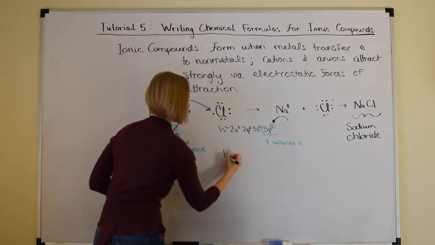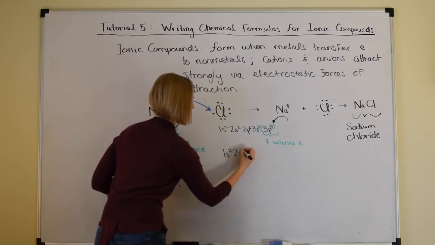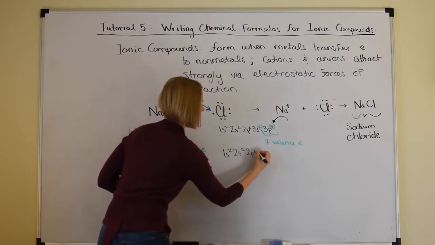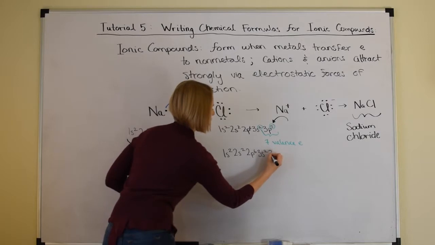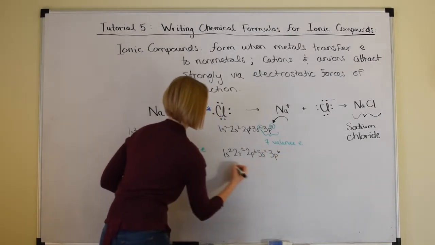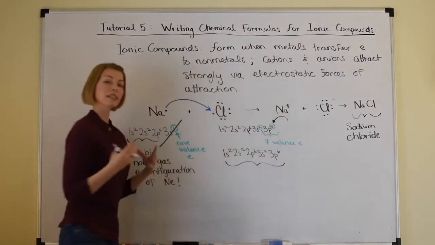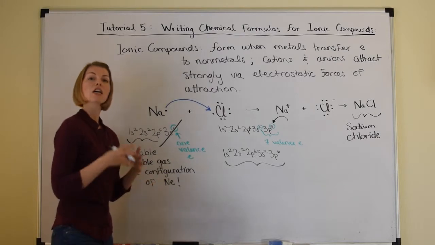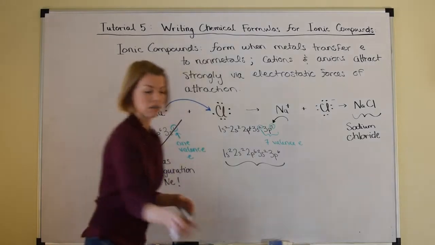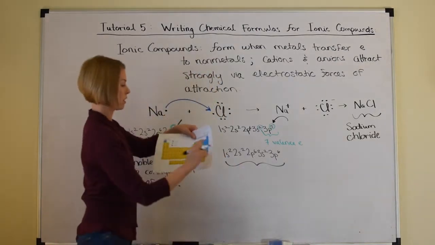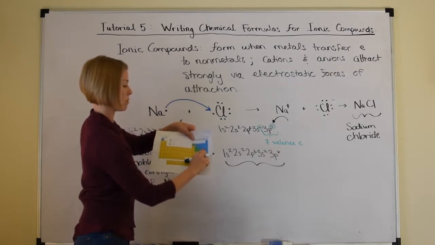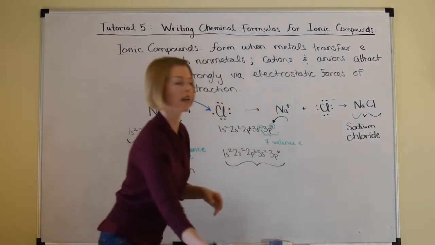So its electron configuration becomes 1s2, 2s2, 2p6, 3s2, 3p6. In other words, its electron configuration copies that of the noble gas that follows it in the periodic table, argon.